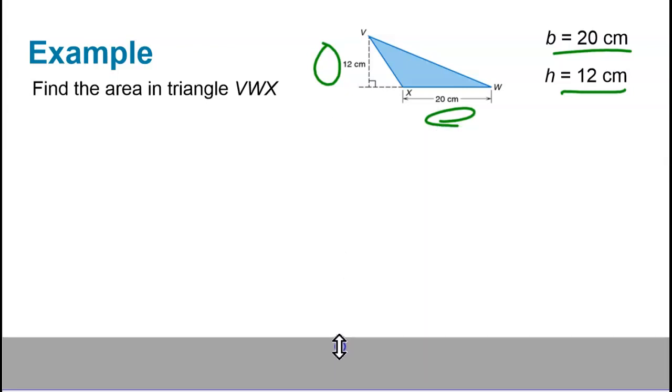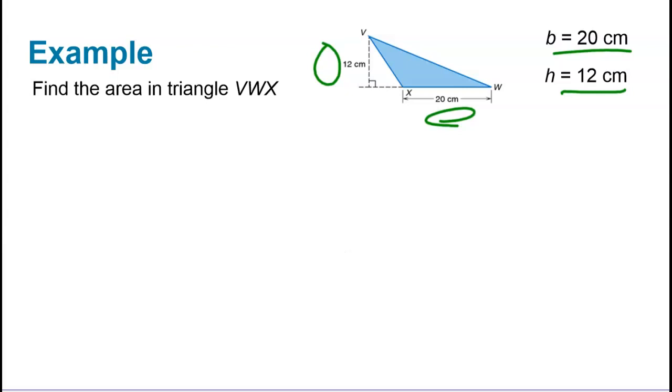Okay, we're going to plug these numbers into our formula, and that is area equals 1/2 base times height, so base times height over 2.